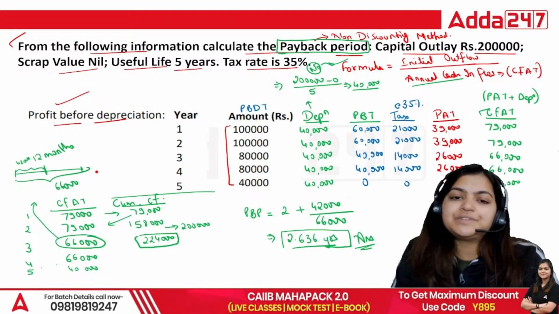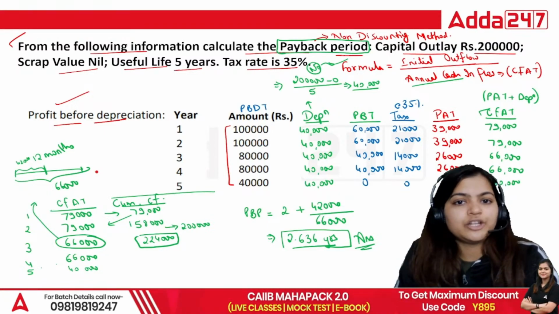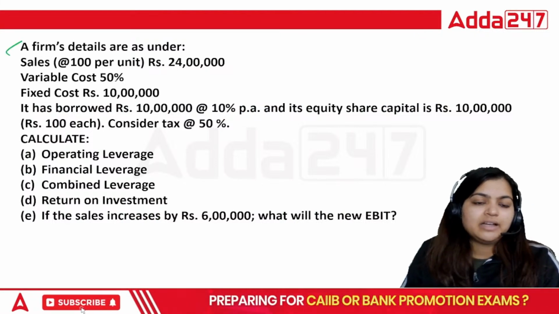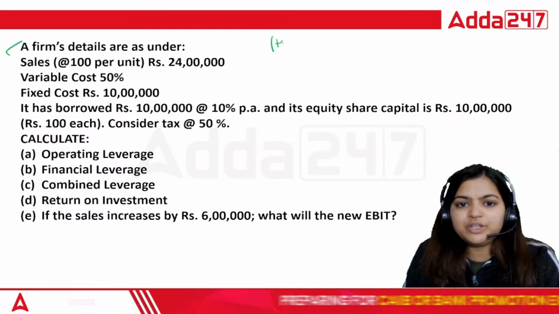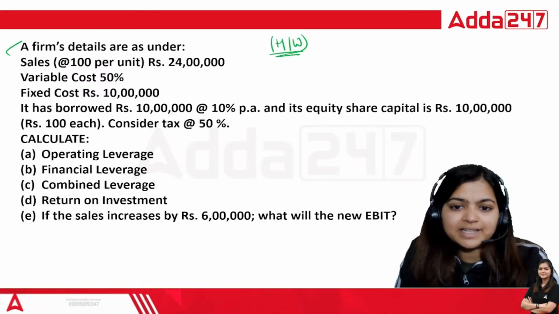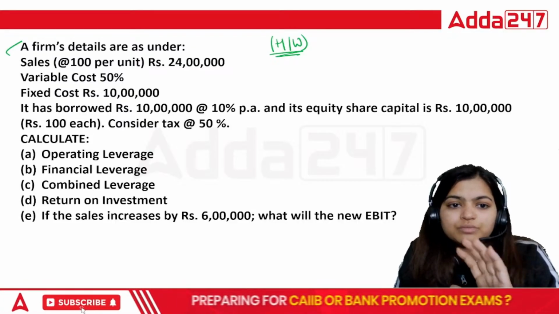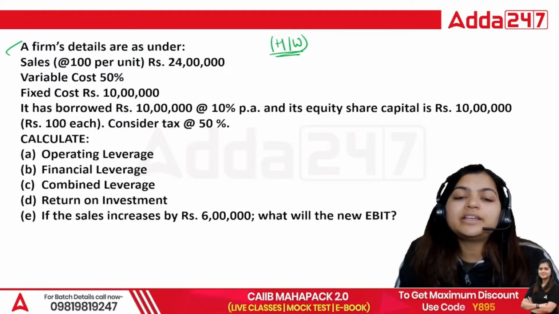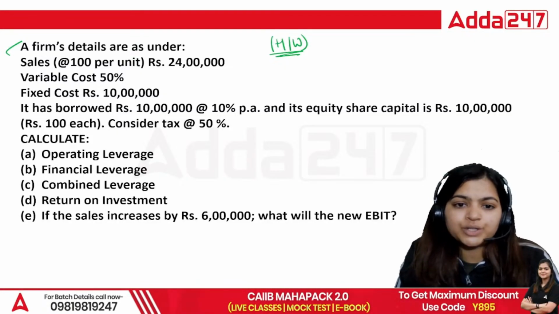So we have seen one case study and one numerical question. Now let's see one more numerical question, but this one is your homework question. Everyone, you can take a picture of this. We'll be solving this question in our next session. So you can solve this, and see whether your answers are matching or not in our next session.